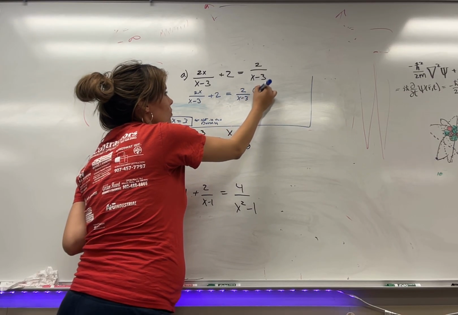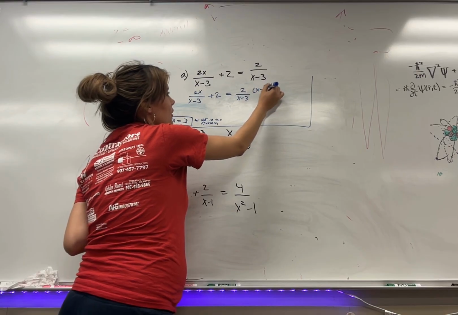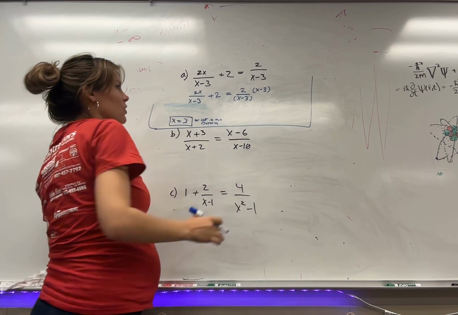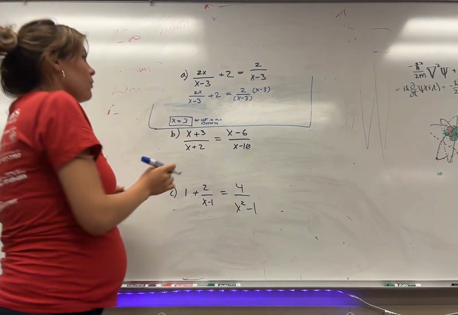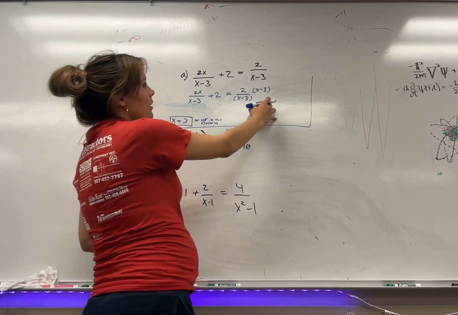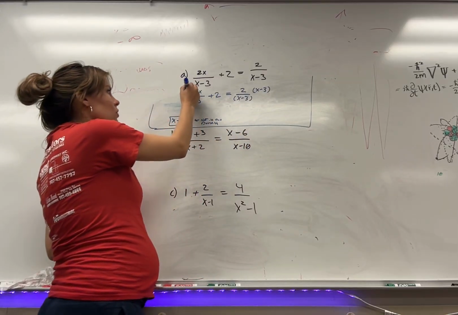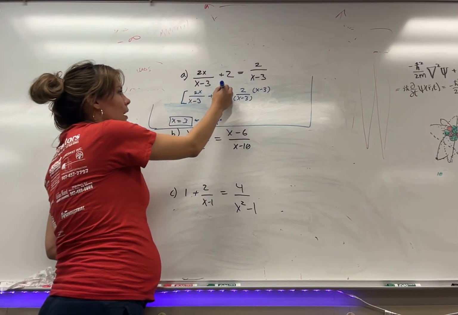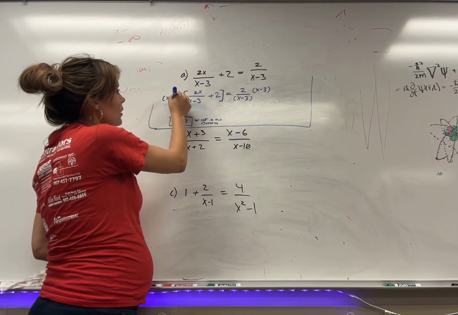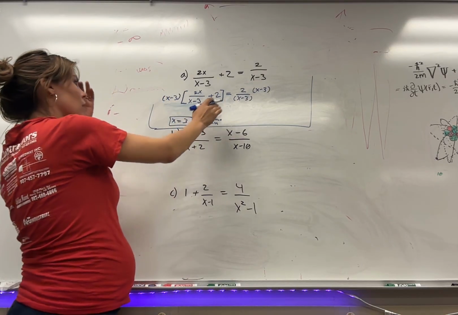But let's also multiply this top by x minus 3 such that we turn this into a 1. X minus 3 divided by x minus 3 is 1. And if we do that to this side to cancel these, turn this into 2 times 1, then we also have to do it to this side, but we have to do it to both elements of this side.